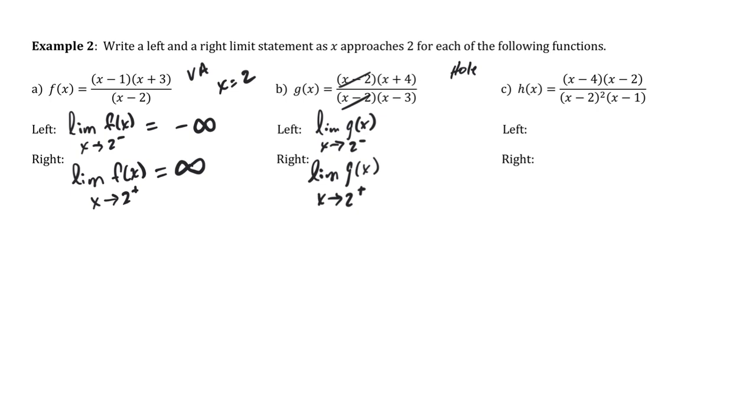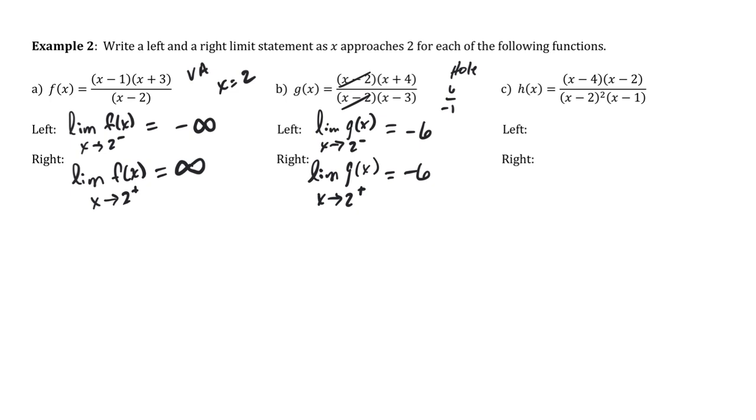So I should be equaling a number, not an infinity, okay? So all we have to do is take the 2, put it into the equation, and I'm going to get 6 over negative 1, and that's going to give me negative 6. And they have to be the same number if it's a hole. So there you go. All right, we have our limit statements written.